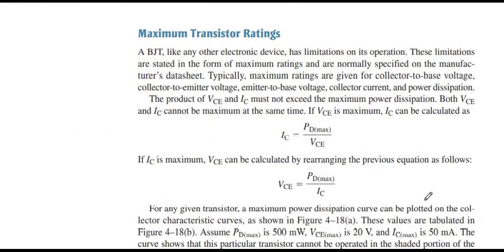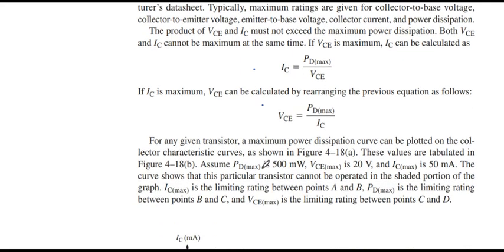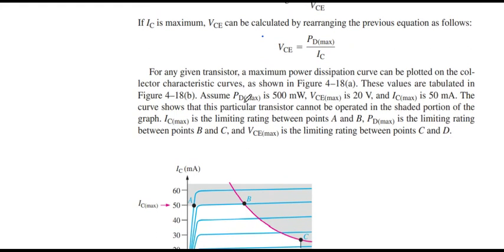Next point is maximum transistor rating. From this equation, we can find that IC and VCC cannot both be maximum at the same time. If one is increased, the other will decrease. I give you an example. Assume the power dissipation is 500 milliwatts.